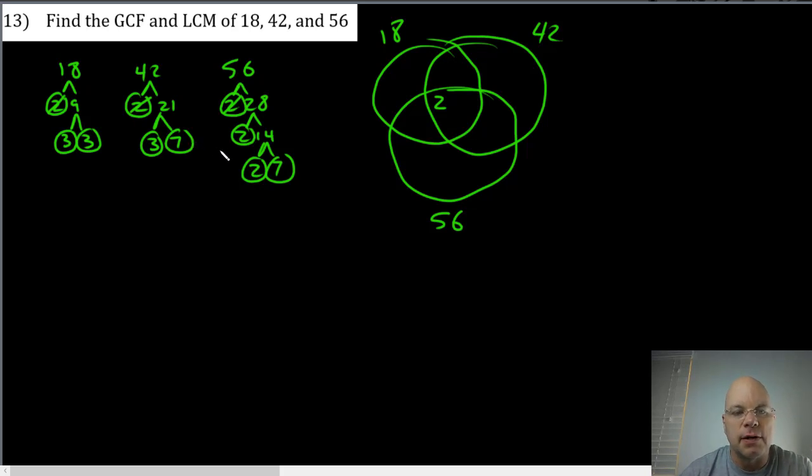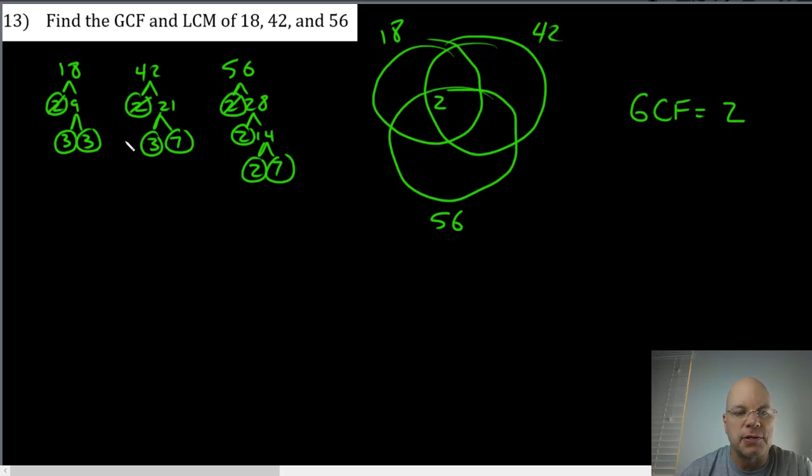I have a 7 here and a 7 here, but not here. I have a couple more 2s here, but not in either of these, so there's nothing else in the intersection of all three. So that tells us that the greatest common factor, since the greatest common factor is the product of the prime factors in the intersection, our greatest common factor for these three numbers is just 2.